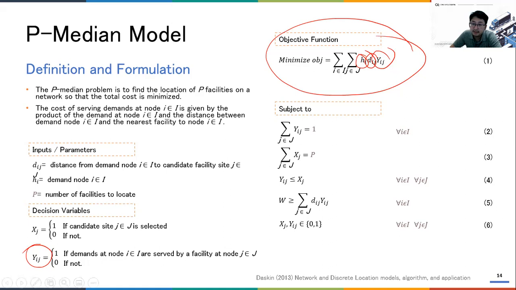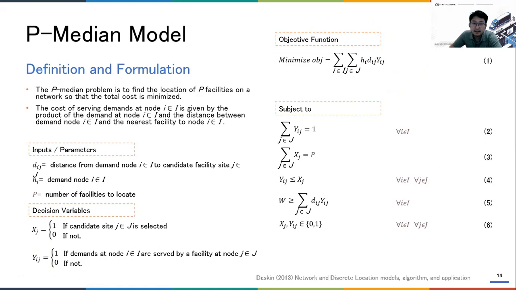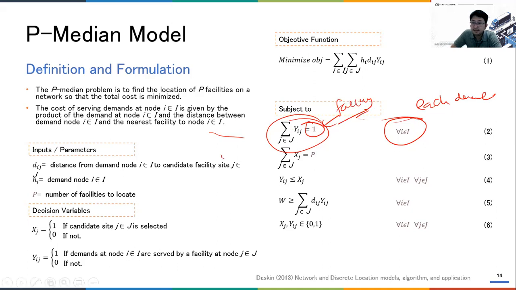Okay, and then the constraint is a little bit strict: for all I, each demand can only be covered from one particular facility. Yeah. Okay.